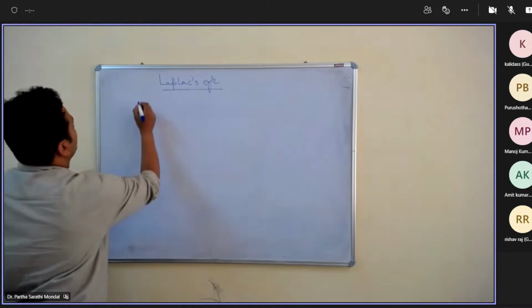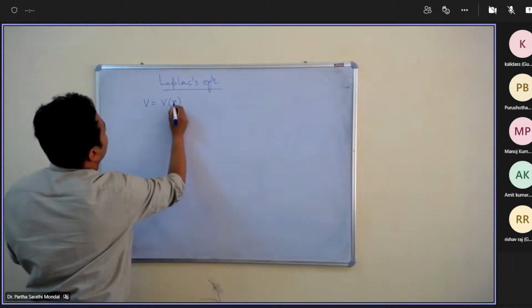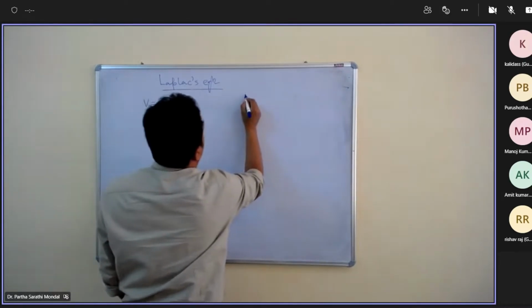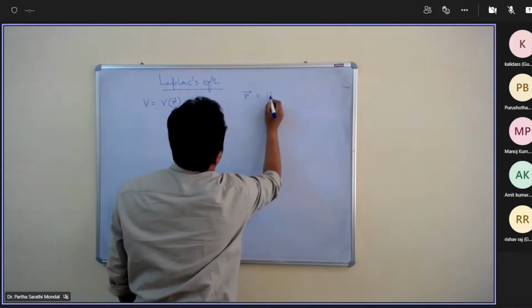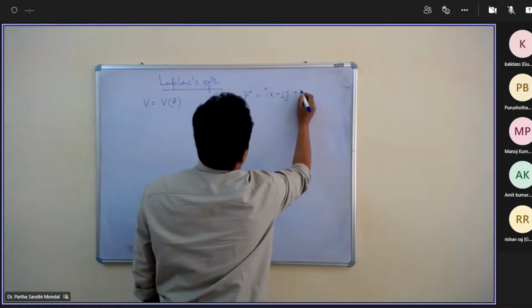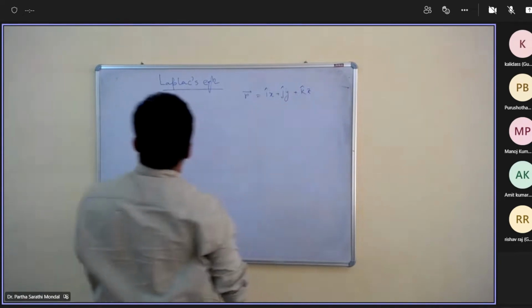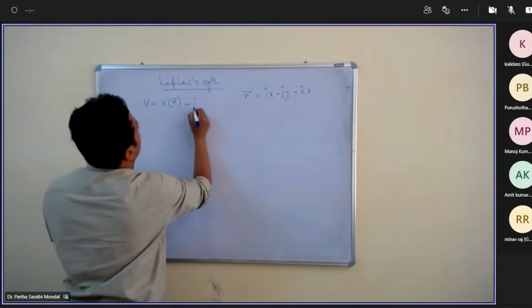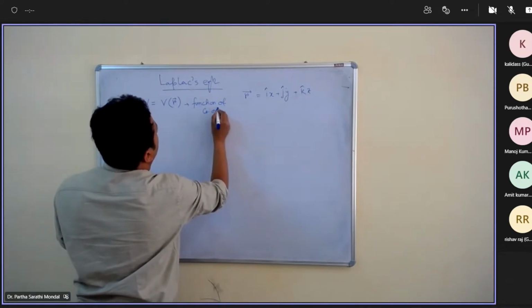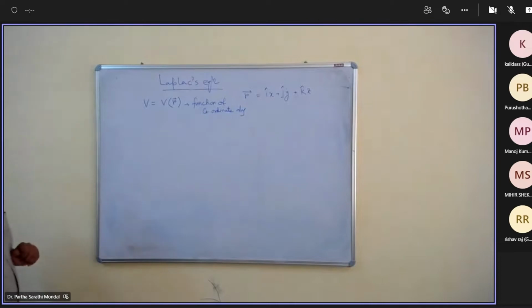If V equals V of r, what is r? r is ix plus jy plus kz. So this is a position vector, which means V is a function of coordinate only.